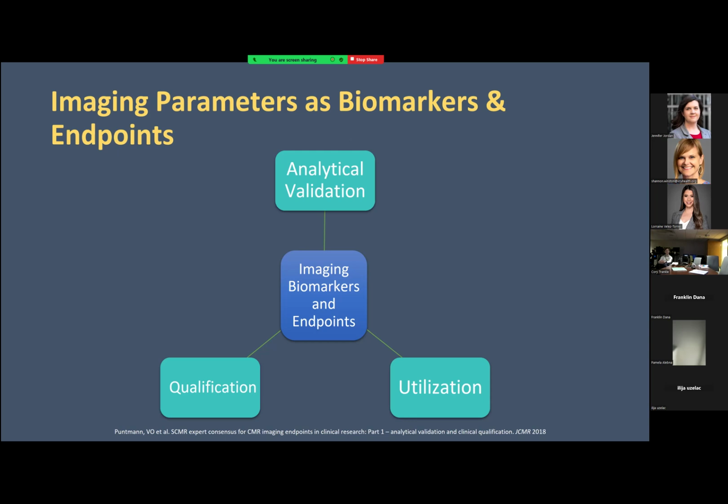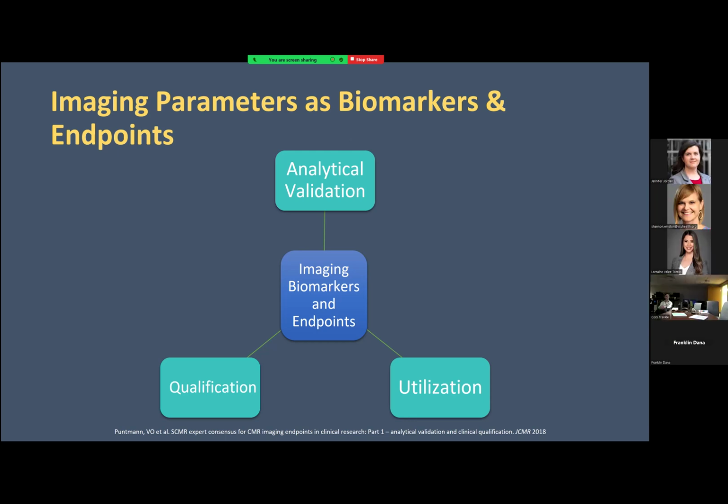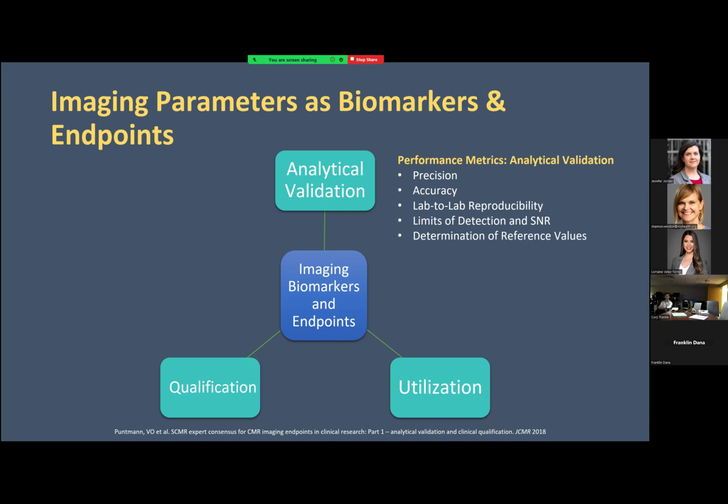So a sequence of interdependent steps, which will continuously inform each other, is how we get to a biomarker being validated and used. When we think about analytical validation, that involves the assessment of assays or techniques that support the acquisition of measurements, as well as establishing the range of conditions under which the measurement will give both reproducible and accurate data.